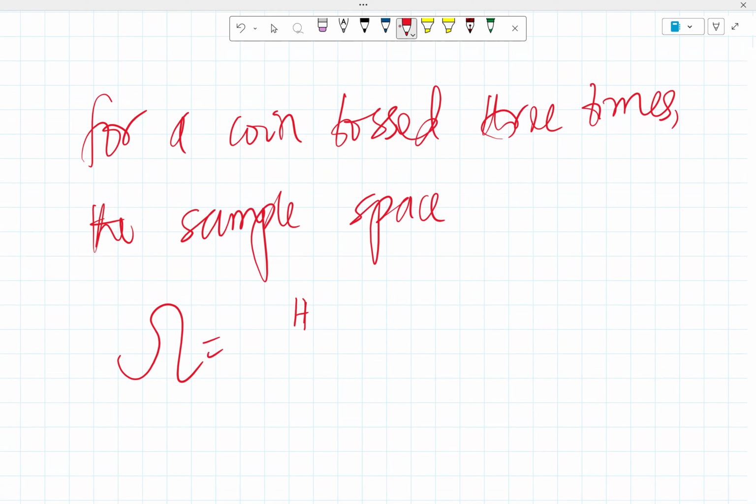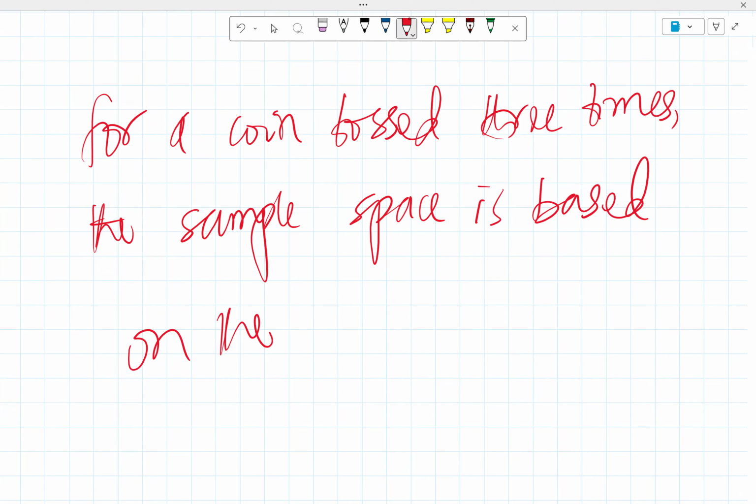If you toss it 3 times, first of all, you need to know that a coin has 2 faces, because it's tossed 3 times, the number of outcomes. Maybe I should write that out. I think it is important. For a coin tossed 3 times, the sample space is based on the number of possible outcomes.